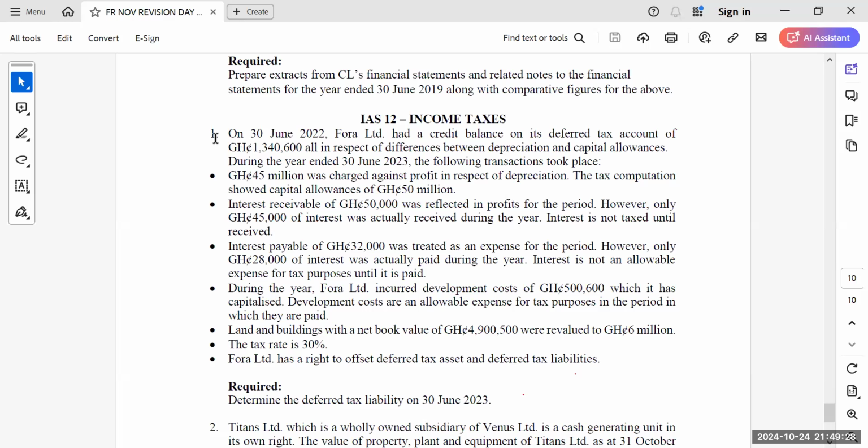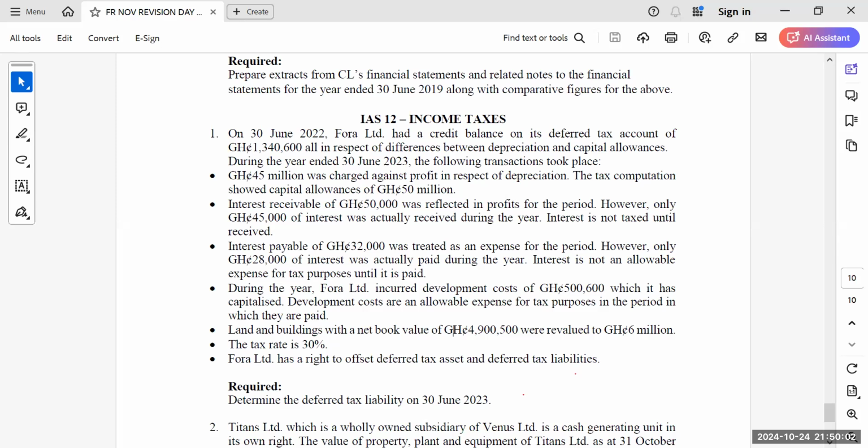Okay, so IAS 12 income taxes. On 30th June 2022, Fora Limited had a credit balance on its deferred tax account of 1,340,600 Ghana cedis, all in respect of differences between depreciation and capital allowances. During the year ended 30th June 2023, the following transactions took place. One, 45 million Ghana cedis was charged against profits in respect of depreciation. The tax computation showed capital allowances of 50 million.